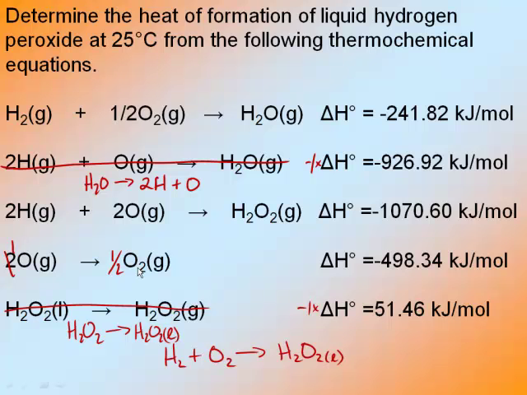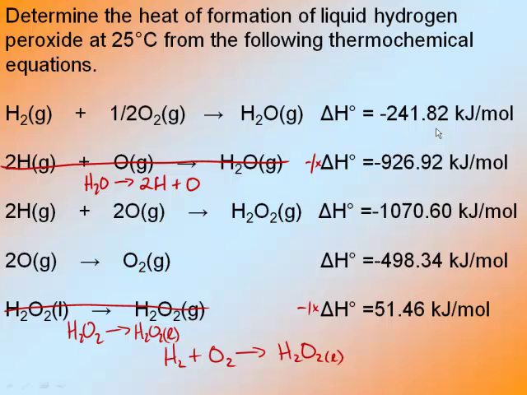And the reason I'm going to divide this reaction by 2 is oh yes. Okay, now the only other thing I need to do in this reaction is actually a 2-part step.